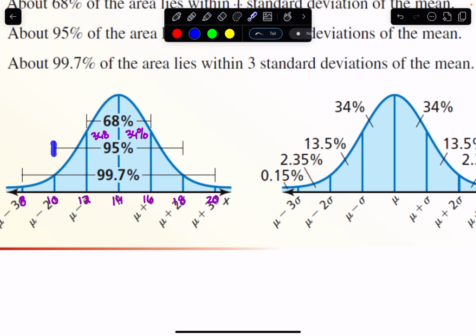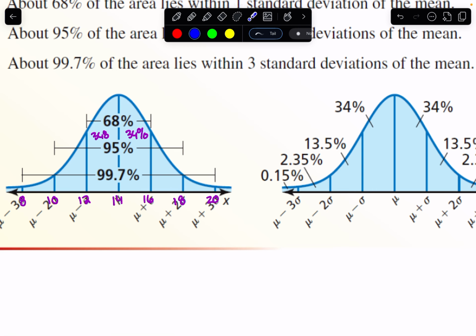So 2 standard deviations, if I go 2 standard deviations to the right and 2 standard deviations to the left, that's this much of the chart. And if my data fits the chart, that is 95% of my data.